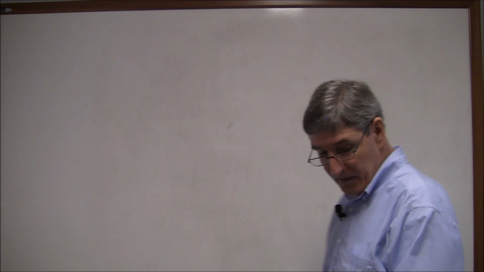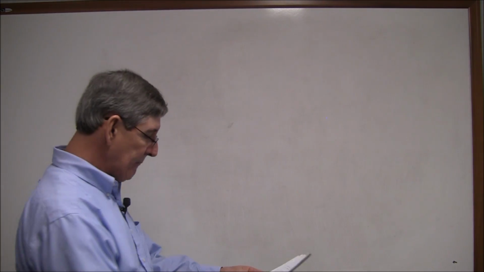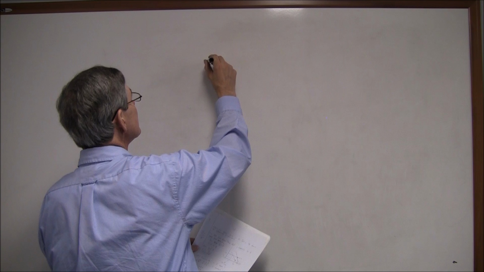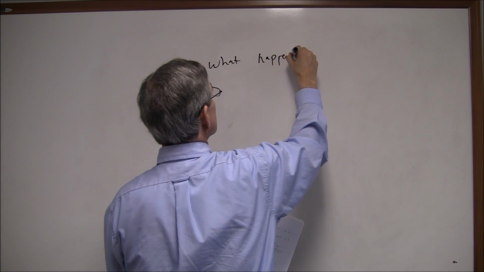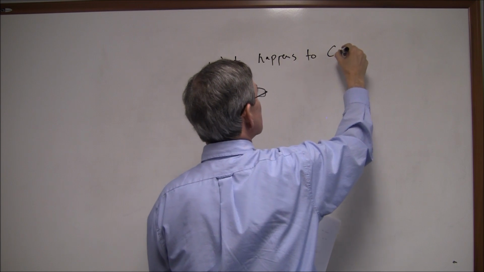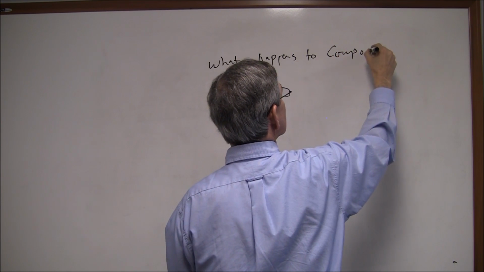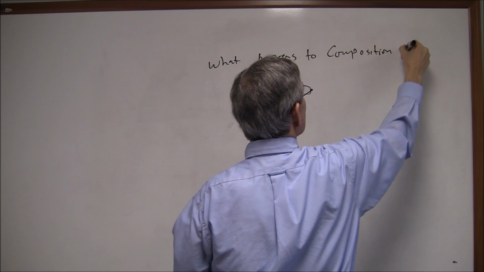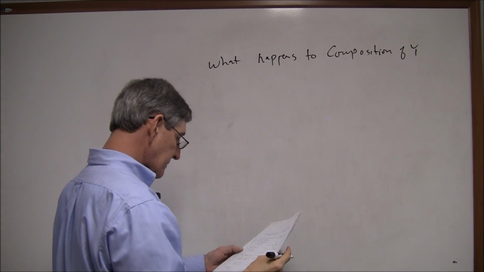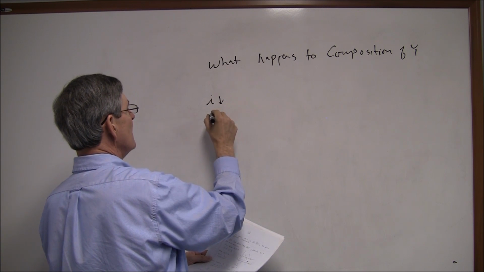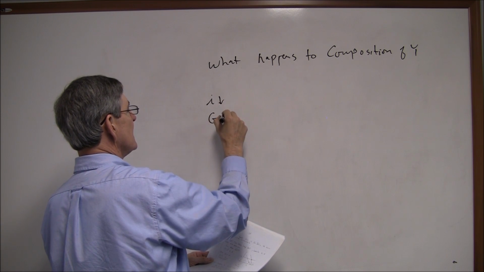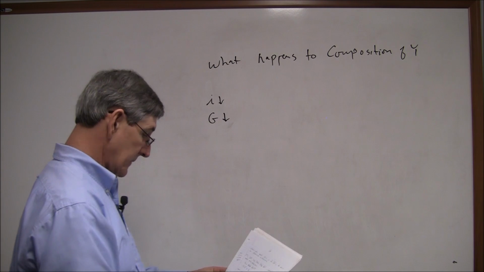Okay, last thing for this chapter. Oh, I meant to say, in this case, same example. So what happens to the composition of output in this case? Just like before, government spending goes down.